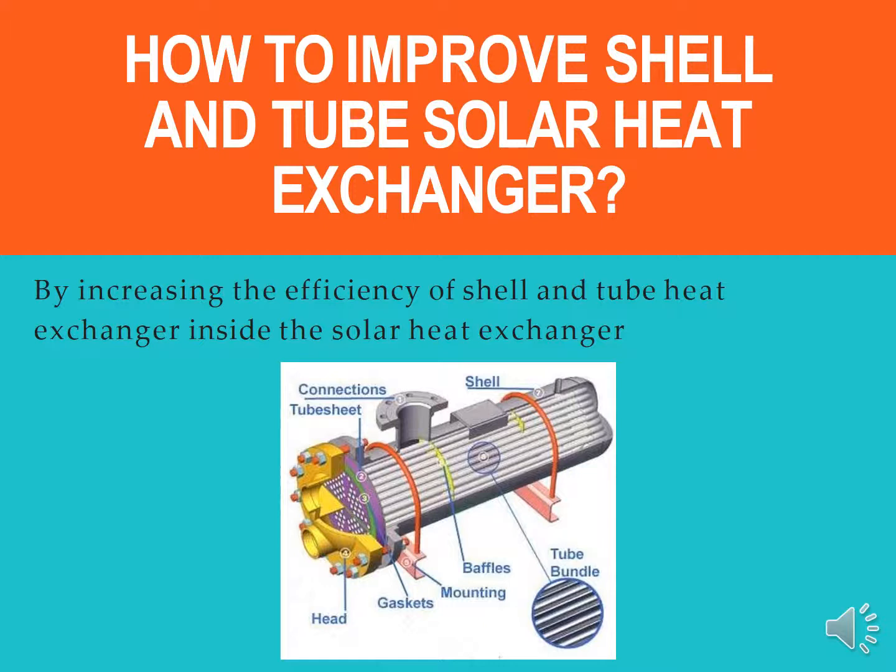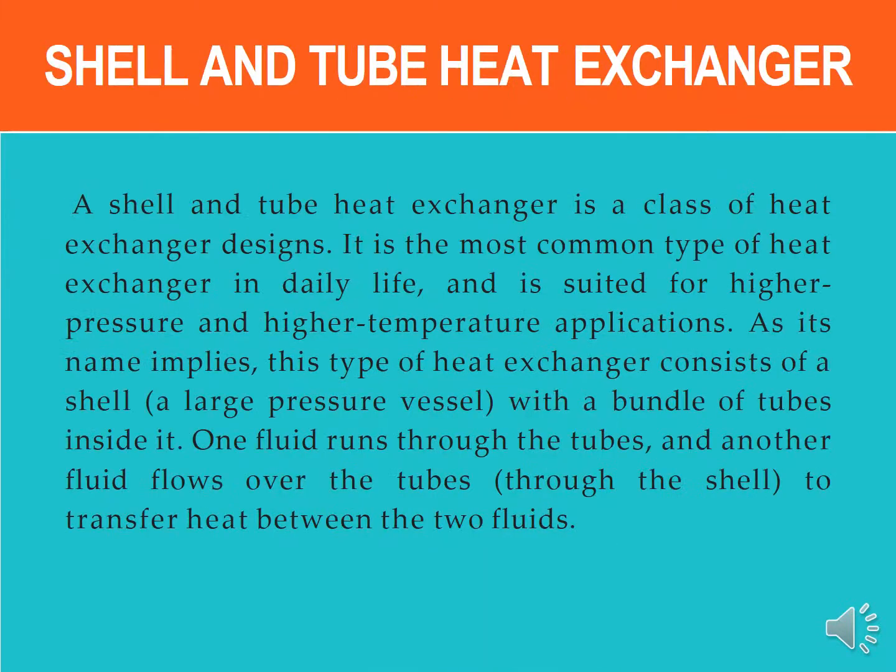As you can see in the diagram given, shell and tube heat exchanger consists of baffles, tube bundle, shell, connections, tube sheet, gaskets, mounting, and heat. A shell and tube heat exchanger is a class of heat exchanger design.